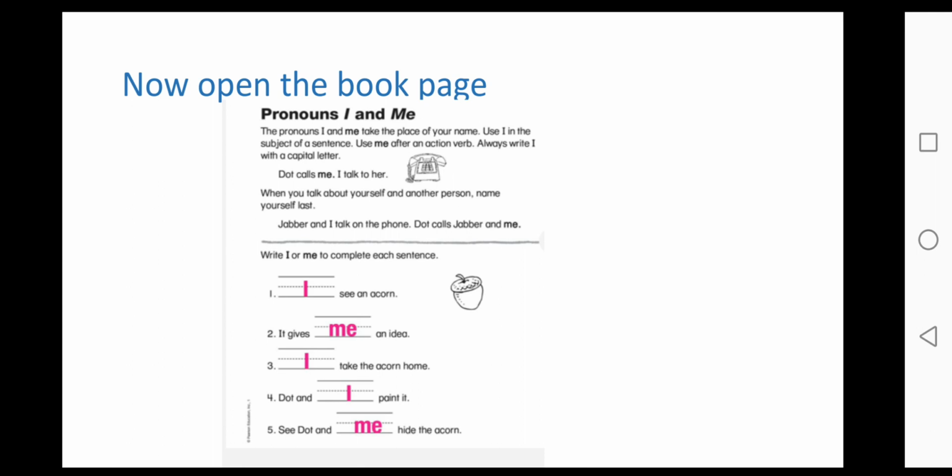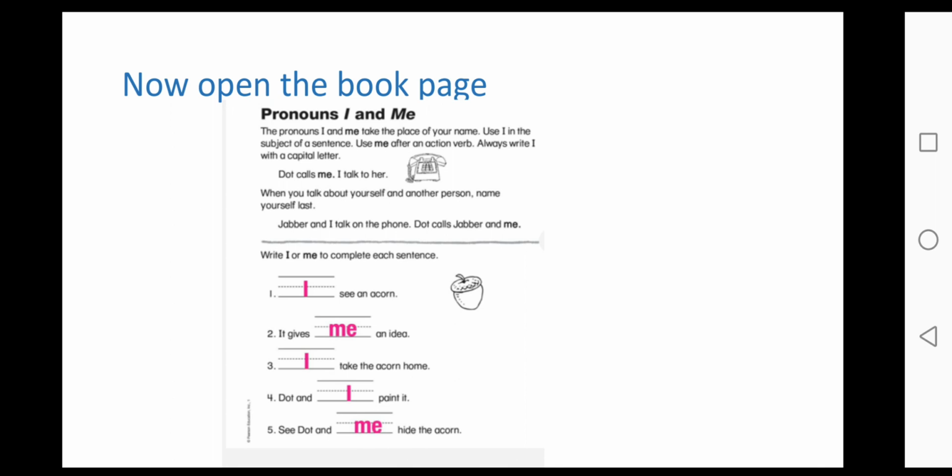Now, let's do these exercises. Pronouns I and me. The pronouns I and me take the place of your name. We said that before. If you are talking about yourself, you use the pronouns I and me.